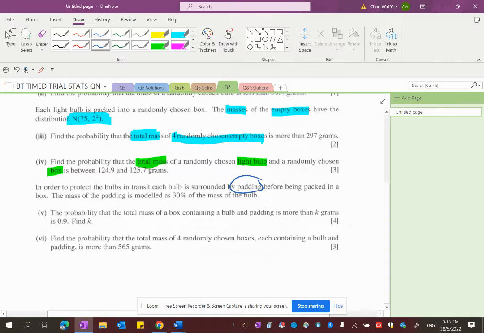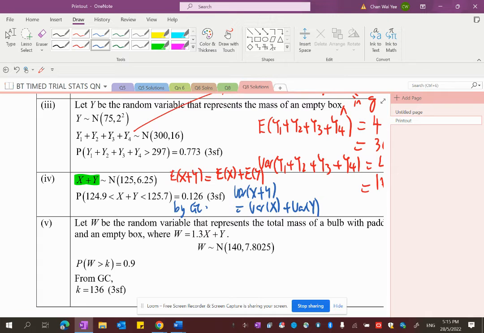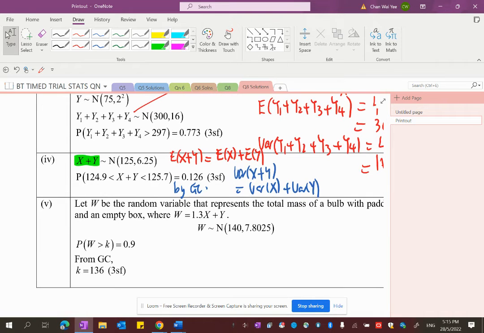So in other words, if we consider the mass of the light bulb plus the padding, it should be 1.3X, because the padding itself is 30% of the light bulb. So if you consider them as a whole, it should be 1.3X.